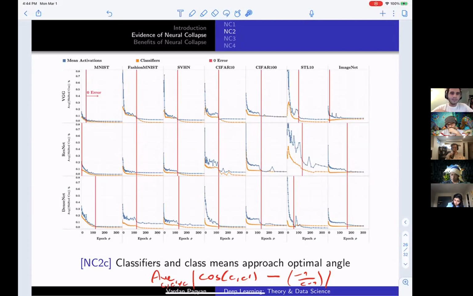I see that MNIST has a really good performance and it converges to ETF in all these plots. It satisfies all the NC properties, but ImageNet on all the plots does not converge to the desired properties. I'm thinking that maybe those assumptions about neural collapse do not hold for ImageNet or some data sets.